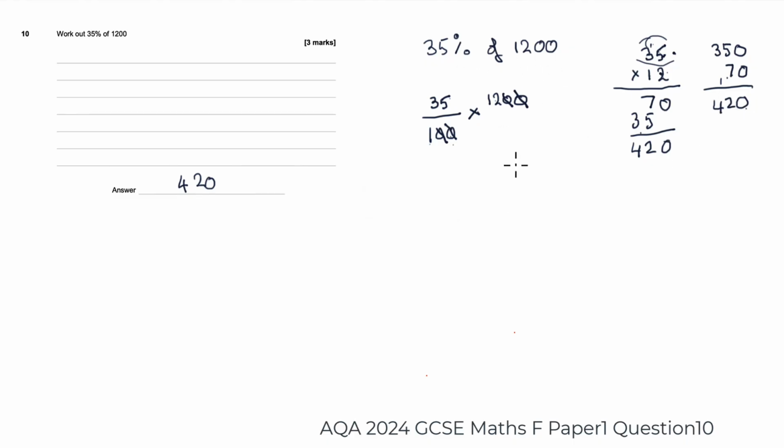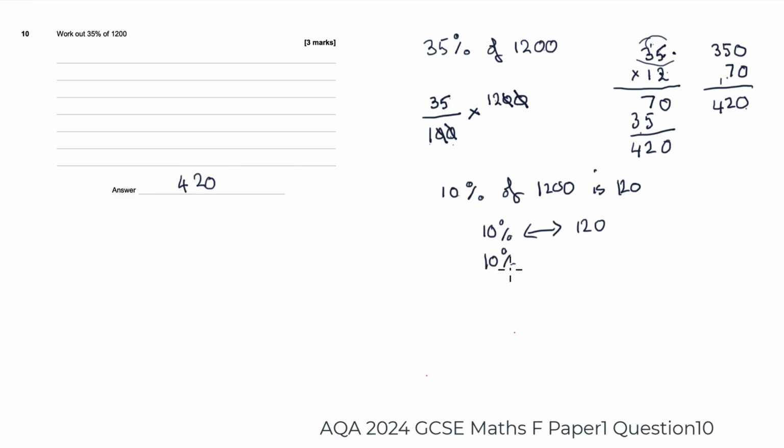Now, another way we can possibly do this is to say, well, okay, 10% of 1,200. 10% is 1/10. If we divide 1,200 by 10, we get 120. So we can say that 10% gives us 120.